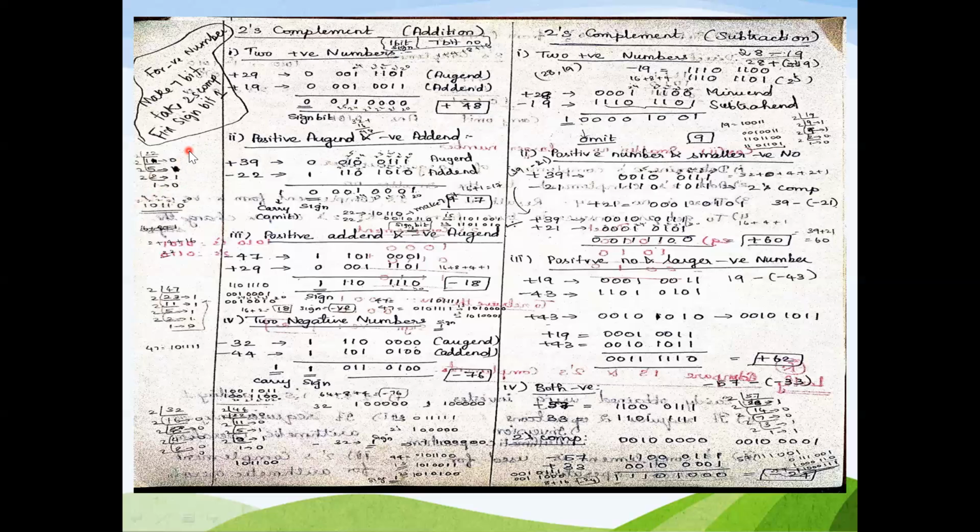Hence I want to represent it as negative 22. This 10110 has only 5 bits. As I have said earlier, I want to consider it as 7 digits. So I am adding extra zeros. So I am adding 2 zeros, 00, followed by 10110. So I have represented 22 in 7 bits.